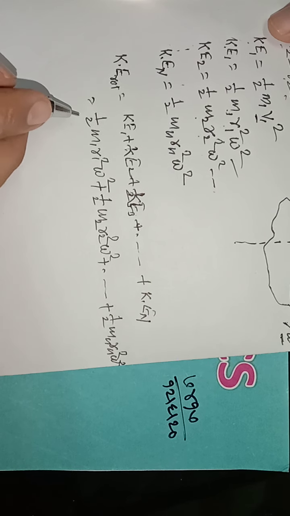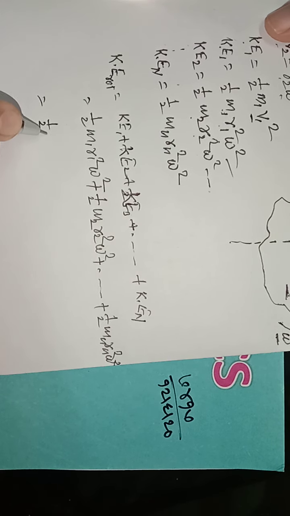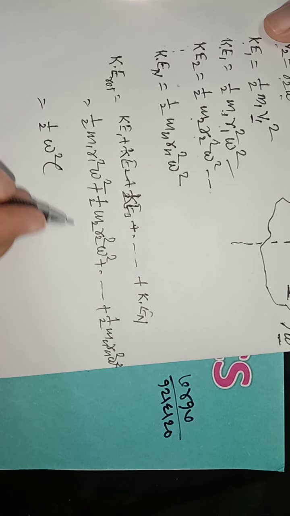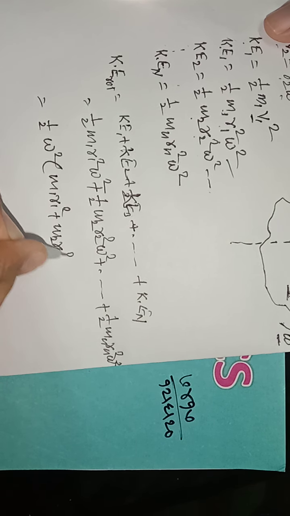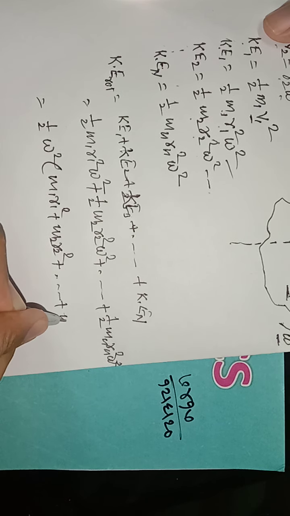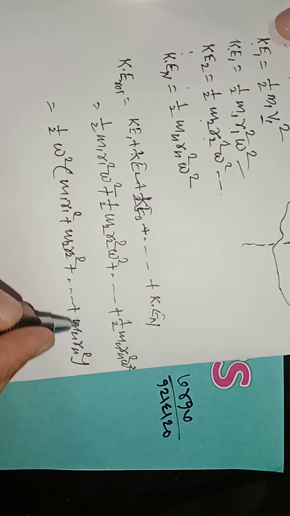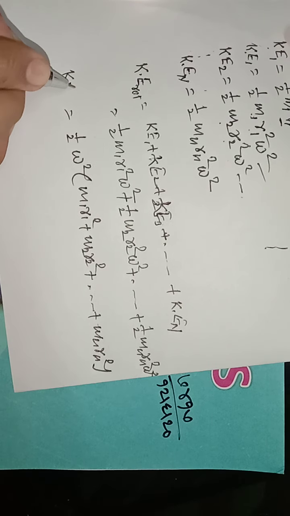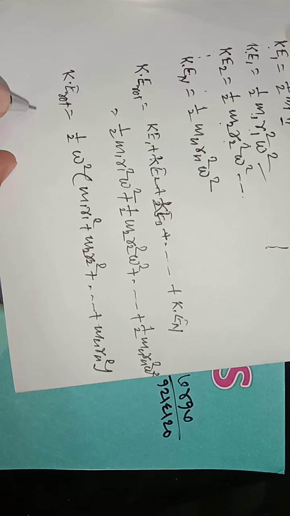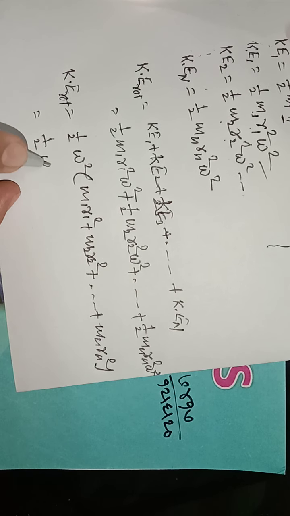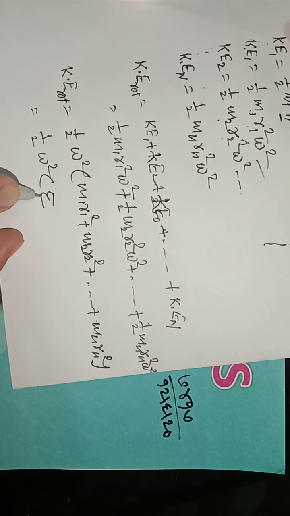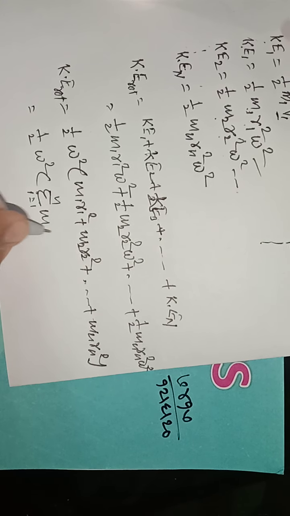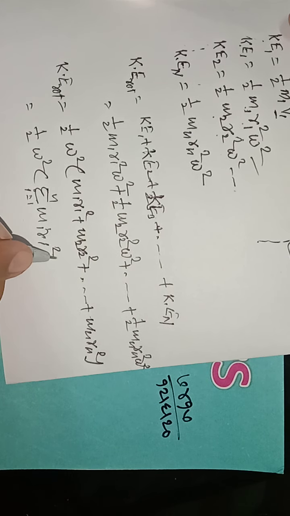When we take half omega square common, the remaining quantity we write in a bracket: m1 r1 square plus m2 r2 square plus and so on plus mn rn square. This can be written as KE rotational is equal to half omega square times the summation, with limit i equal to 1 to n, of mi ri square.